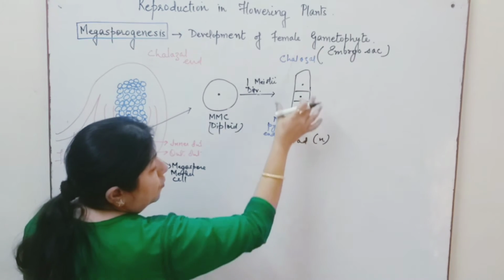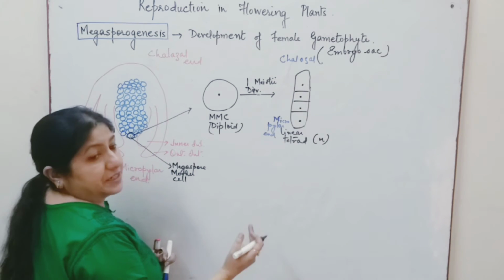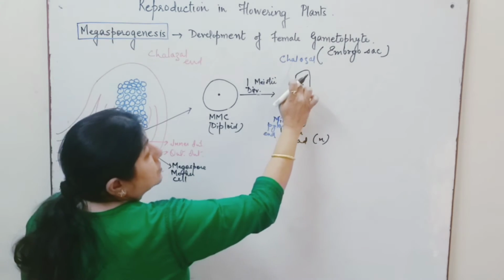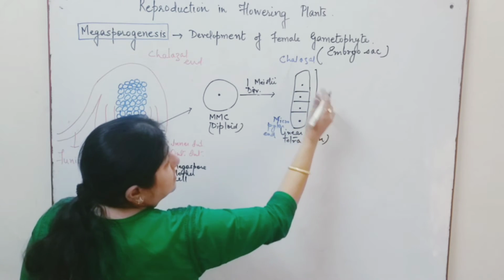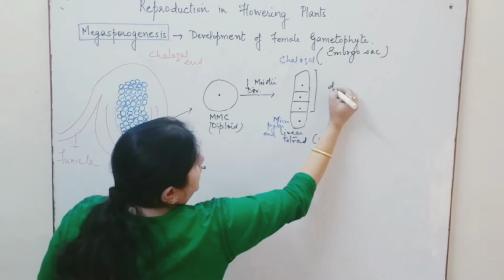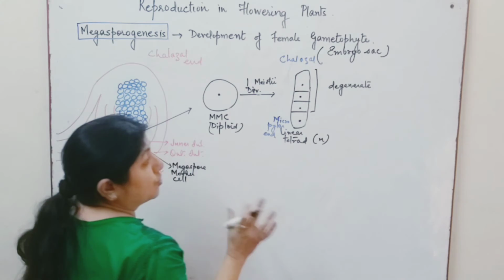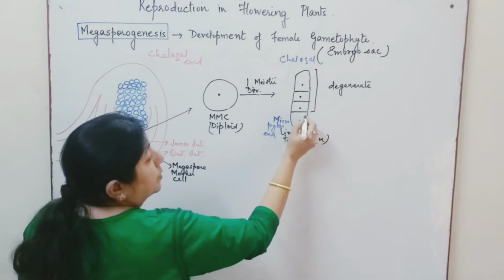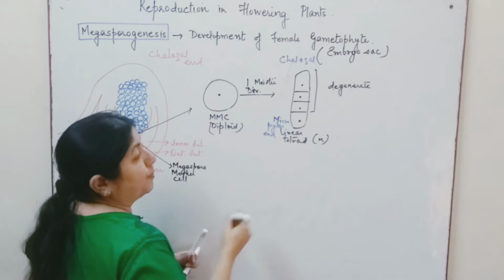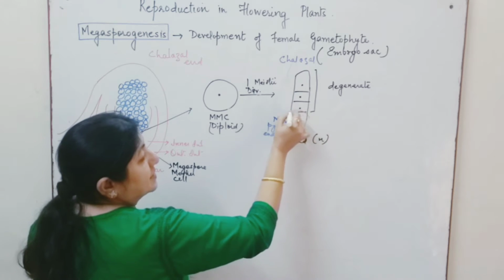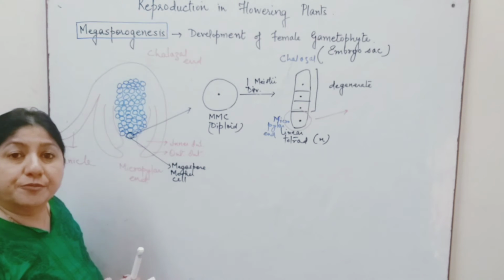Now out of the 4 cells, the 3 cells towards the chalazal end will degenerate. Out of the 4 cells, only one cell which is towards the micropylar end will now form the embryo sac.